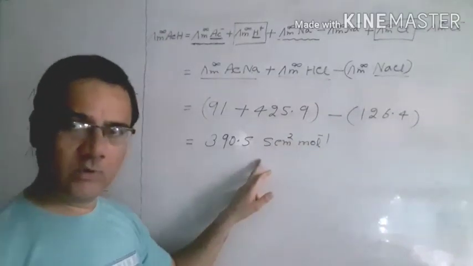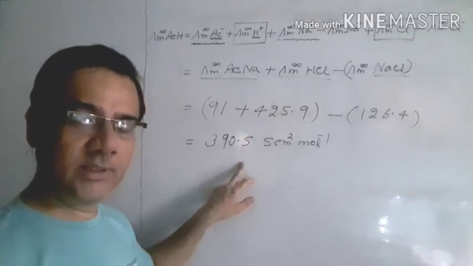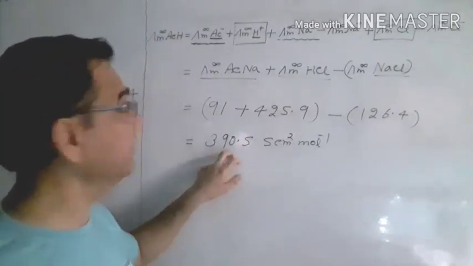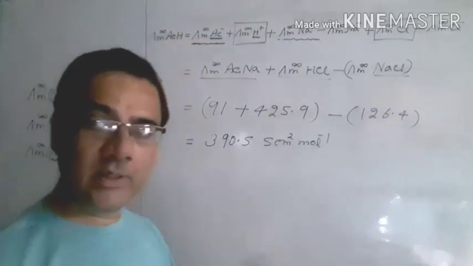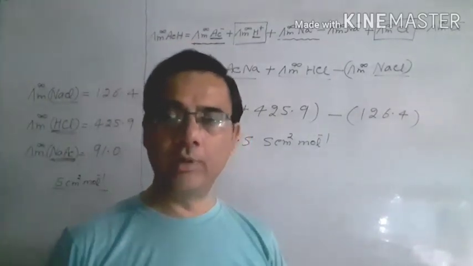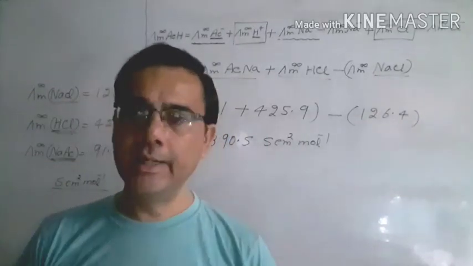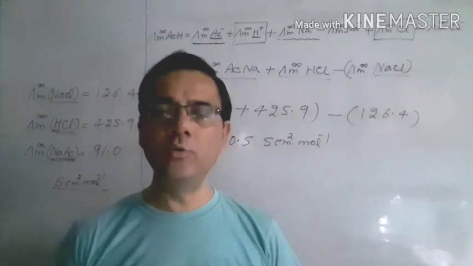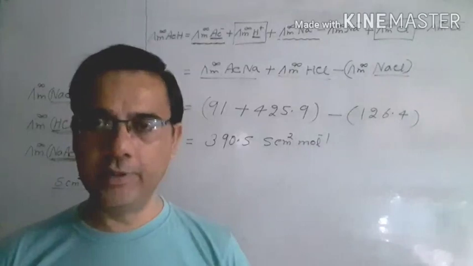This value which we have got here is the limiting molar conductivity of a solution containing weak electrolyte. And which weak electrolyte? This AcH, acetic acid. So whenever it is asked to you to calculate the limiting molar conductivity of a weak electrolyte, this method we use, and that is called the indirect method. In the exam, how will you get an idea whether the given compound is a strong electrolyte or a weak electrolyte?